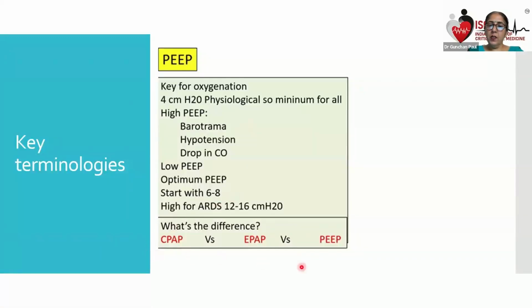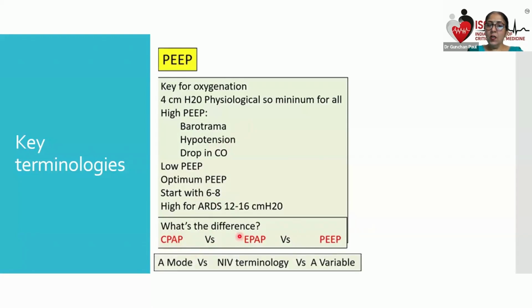So these are different terms which are used for PEEP. Similar to PEEP, there is CPAP, continuous positive airway pressure, but it is a mode of ventilation. We call it EPAP, expiratory positive airway pressure, in NIV, and with invasive ventilation, we call it positive end expiratory pressure.